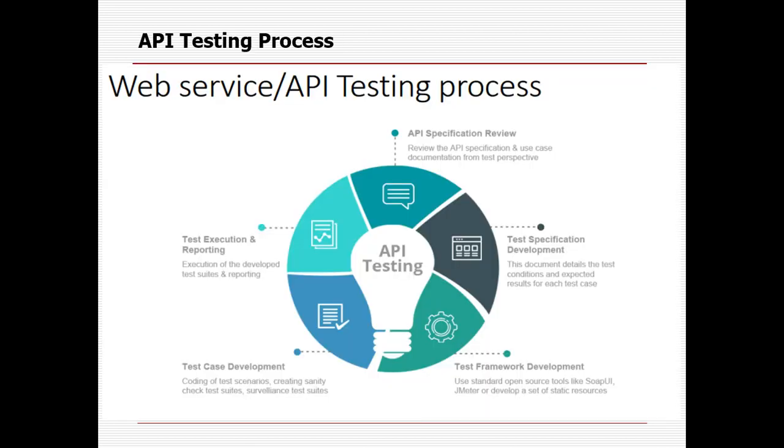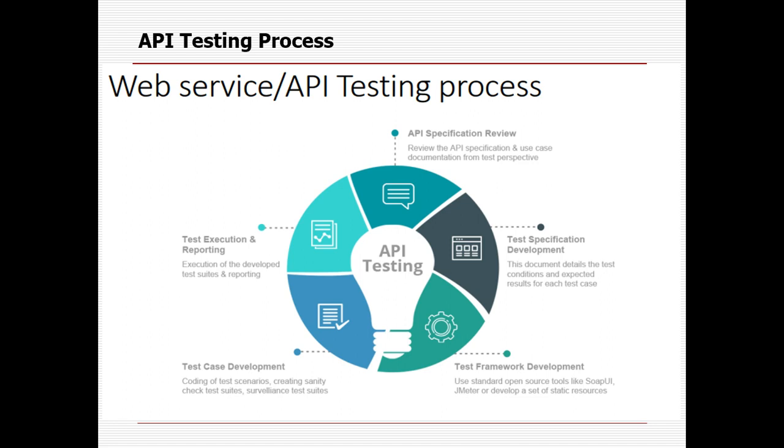Then what is the API testing process, right? For each and every automation, you will have some sort of steps or process associated. Similarly, for web service or API testing, we have five different processes to follow. The first thing is API specification review. Just like every other project, we need to review our requirements. So here we review the API specification and use case documentation from the test perspective.